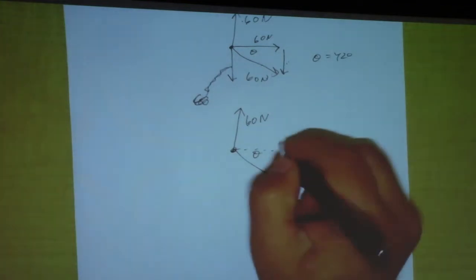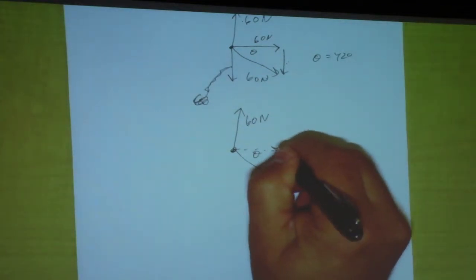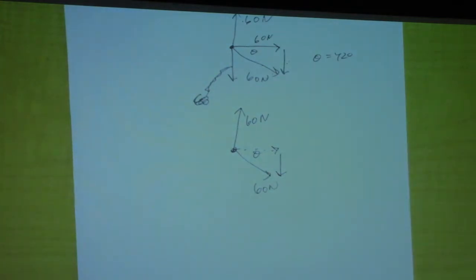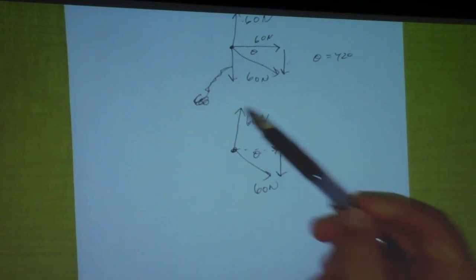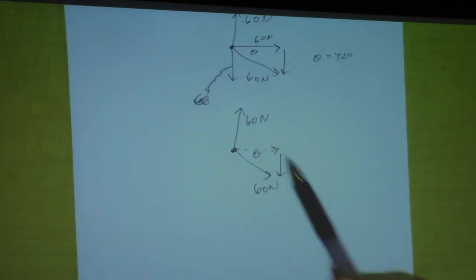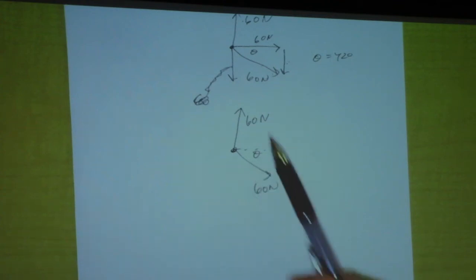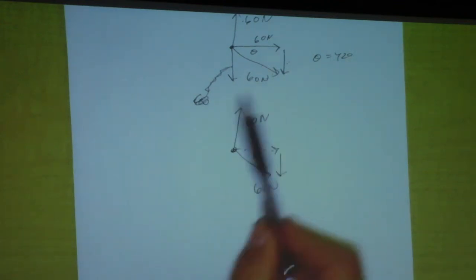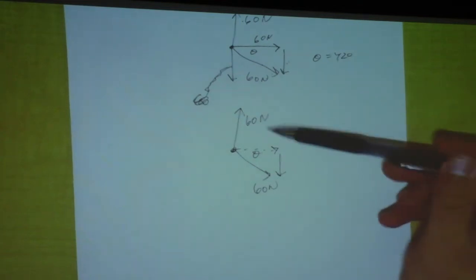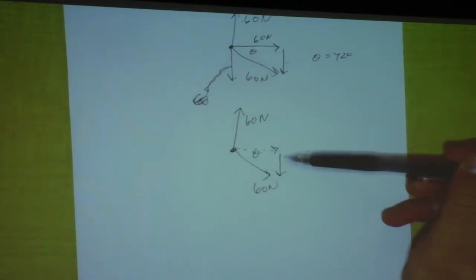So the 60 newtons has a part that's this way and a part that's this way. Now this femur force, if you take into account this one that's up, we got this one to the right, this one to the right, this one to the left. Whatever we have up net-wise here, it turns out it's going to be net up because this 60 is going to be bigger than whatever this is.